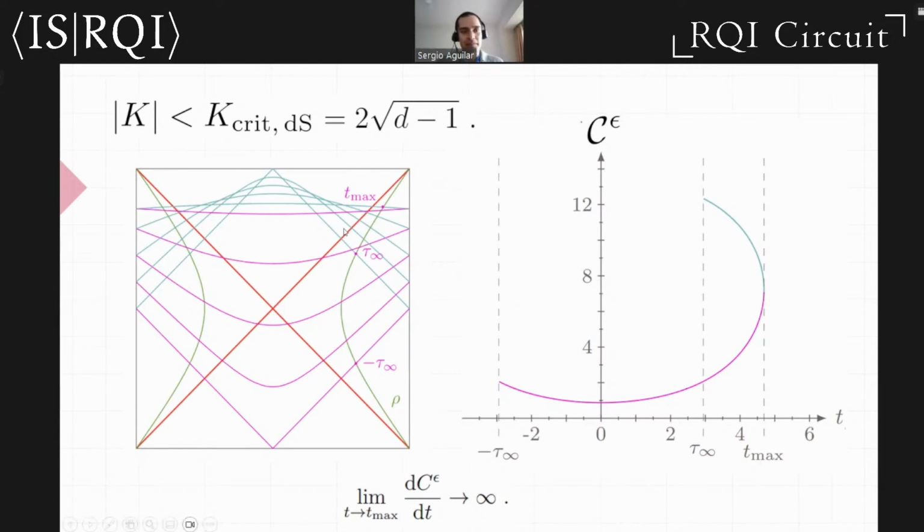Okay. This is based on some previous work on de Sitter complexity that I'll tell you a bit more about. Using this type of codimension-one observables, you can see that the evolution of complexity obeys this type of evolution.